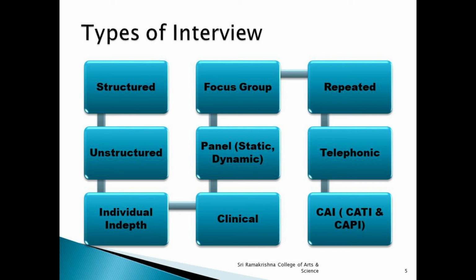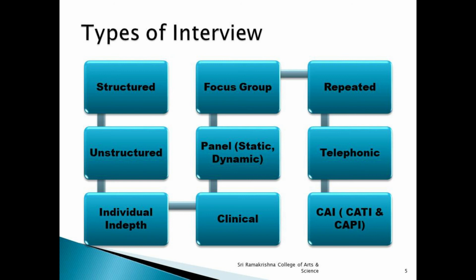In computer assisted telephonic interview, a computer system is connected with the telephone of the interviewer. The questions appear on the screen of the computer and the interviewer asks those questions through telephone. In computer assisted personal interview, the interviewees can administer the interview themselves with the help of software installed in their system. They can directly feed their responses into the computer system. So these are the various types of interview.